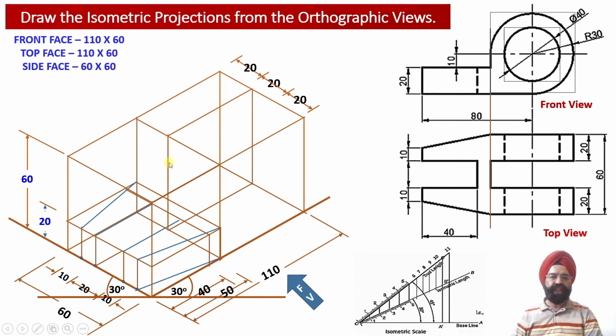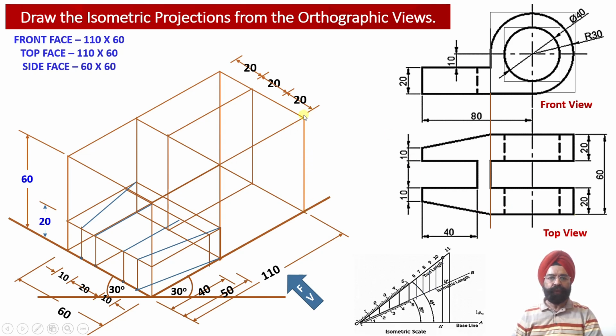Similarly, these two vertical isometric projections having lengths equal to 60 millimeter have been drawn parallel to the isometric y-axis. This way, these vertical square surfaces have been obtained. Similarly, one vertical square surface on the front side has already been obtained corresponding to this surface.